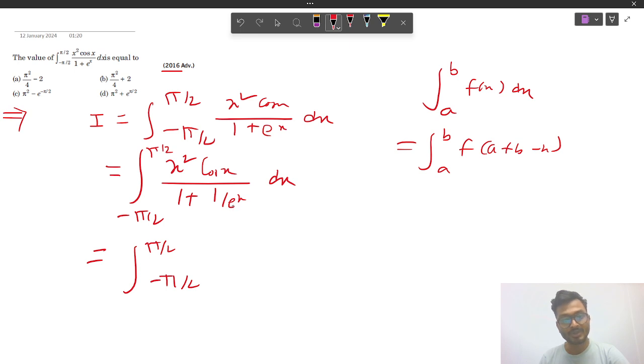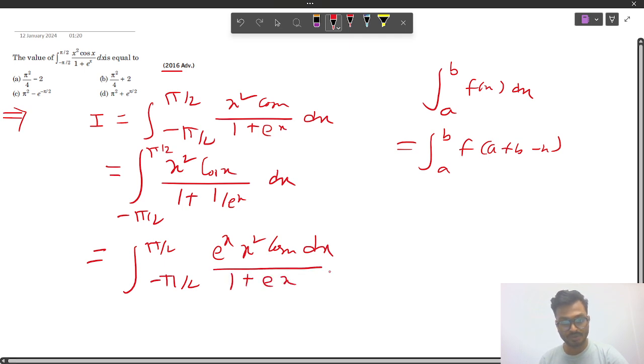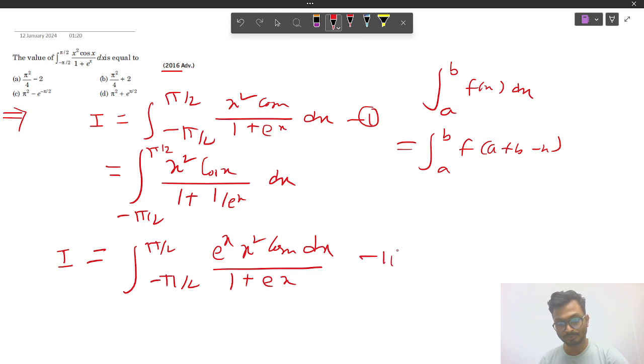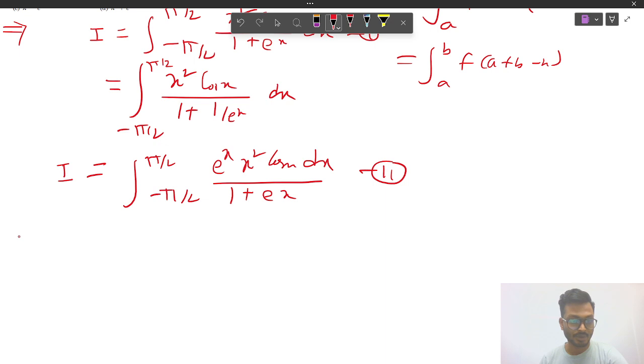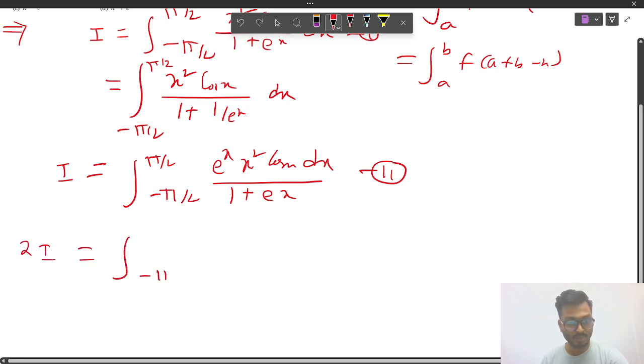When we multiply the numerator and denominator by e to the power x, what we get is e to the power x times x square cos x dx upon 1 plus e power x. Now this is also I, so this was 1 and this was 2. Now we add these two, I and I, so we get 2I equals the integral from minus pi by 2 to pi by 2.